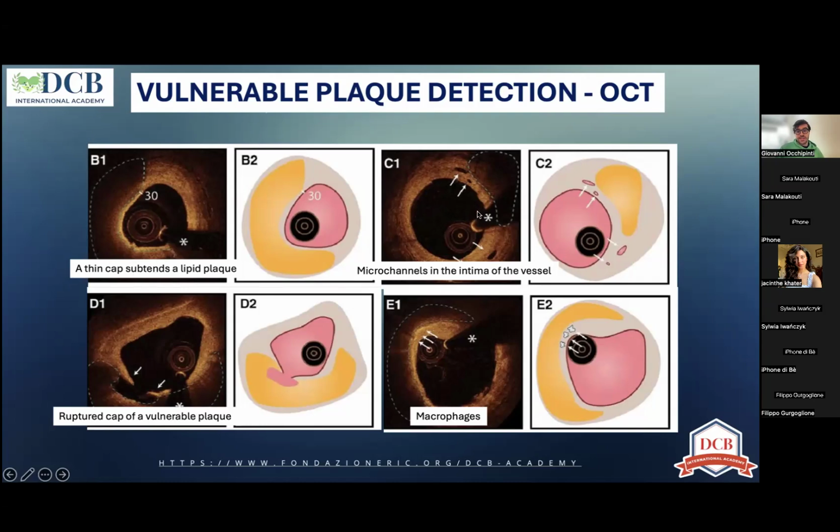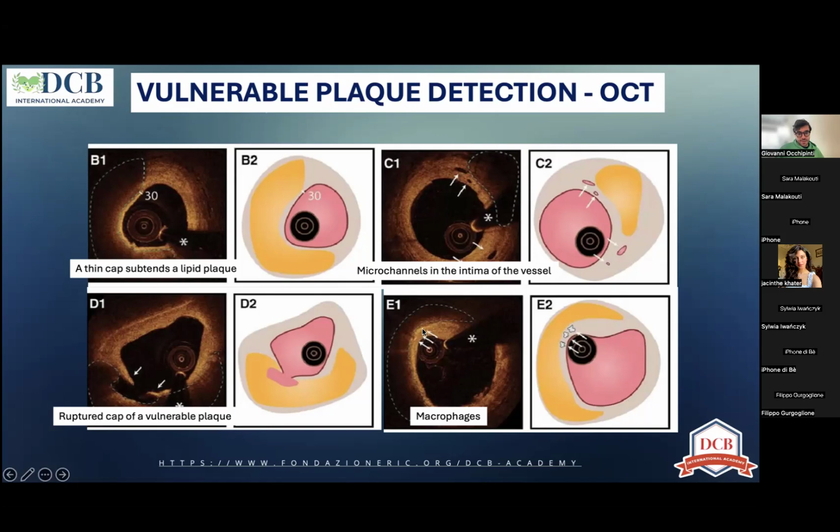And also in another view, we see the presence of microchannels in the intima, or we see that in a percentage of cases the vulnerable plaque can also be ruptured. Another important thing that has been considered also for treatment reasons is the presence of macrophages.